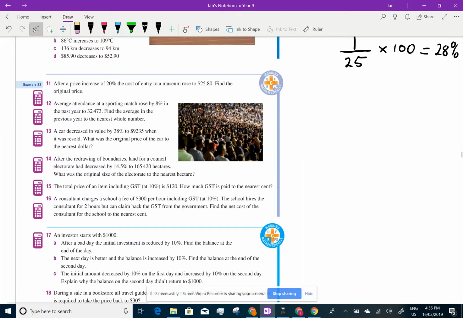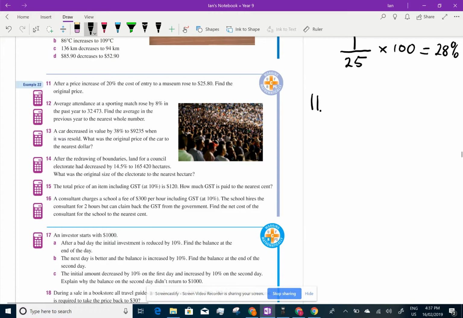And then I said, do questions 11, and as many as you can. You're going to use the unitary method. So let's read the question. After a price increase of 20%, the cost of entry to the museum is $25.80. Find the original price.